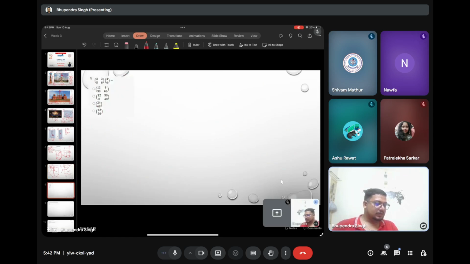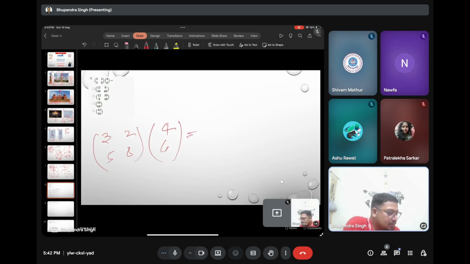Now coming to question number 3. This I don't know in your class, because I have not told you how to do this, but in your Anindya sir class you guys may have learned it or not, but I am going to solve it anyways. So 3, 2, 5, 8. It will be like 3 into 4 plus 2 into 6. And here 4, 5 into 4, 8 into 6.